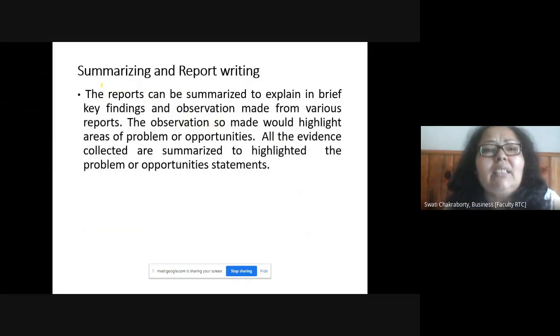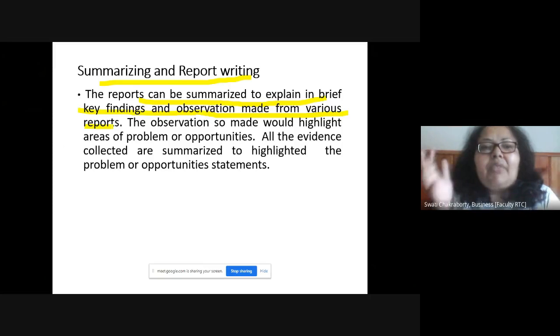And the third thing that comes up is summarizing and report writing. The reports can be summarized to explain in brief the key findings, key observations made from various reports. So you need to read all the reports, and then you come up with all the key findings and observations, and you summarize in brief and then write it. And these observations that you are making would actually help in highlighting the areas of problems or opportunities.